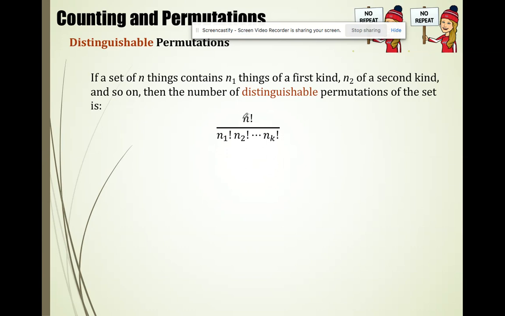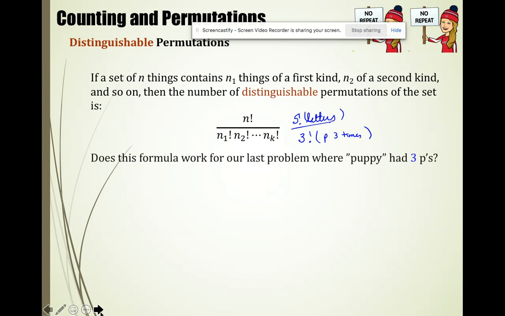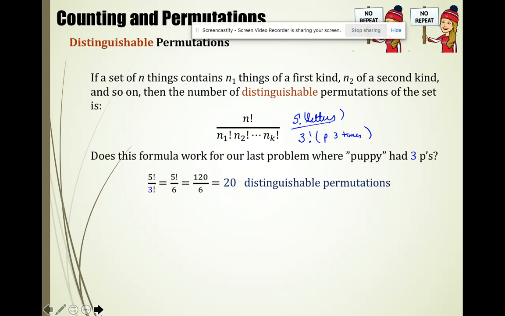Your original 5 factorial, we had 5 letters, divided by 3 repeated, right? P was repeated 3 times. Right?